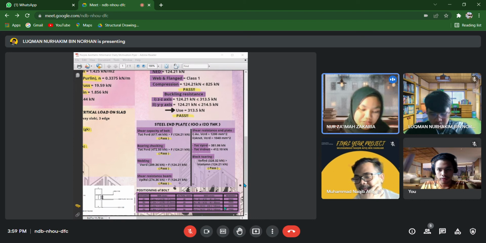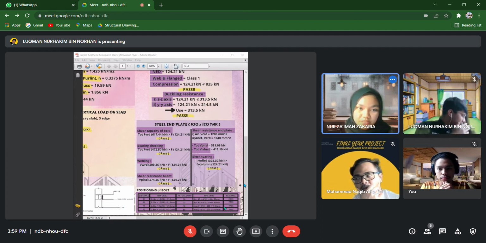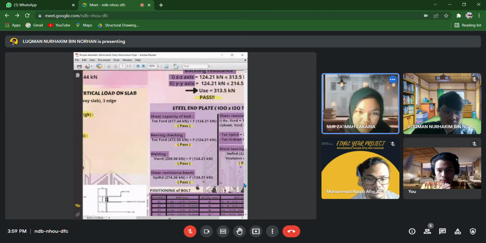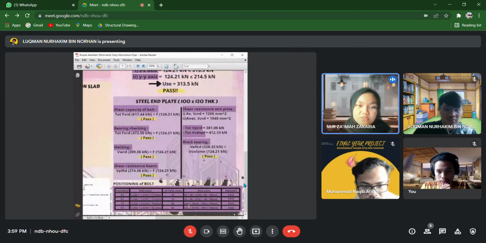For the shear resistance, the condition is that the actual force must be less than the total FvRd. From the calculation, the shear capacity of the bolt passes because the total FvRd is bigger than the shear force. For bearing checking, the total FvRd is also bigger than the shear force, and it also passes.